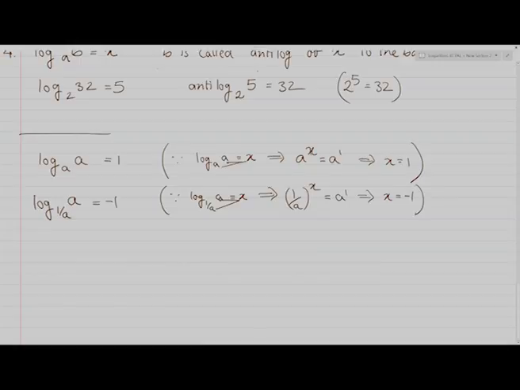Next property: log to the base a of 1, for any base a, is equal to 0. How to prove this? Let log to the base a of 1 be equal to x, then a raised to x is equal to 1, but 1 is nothing but a raised to 0, which forces x to be equal to 0.